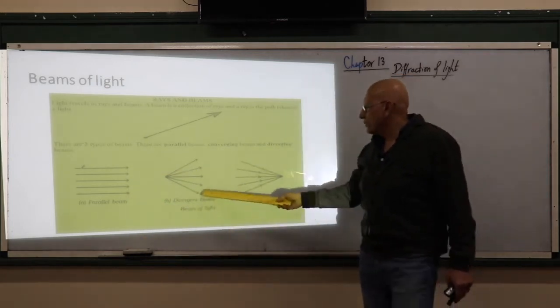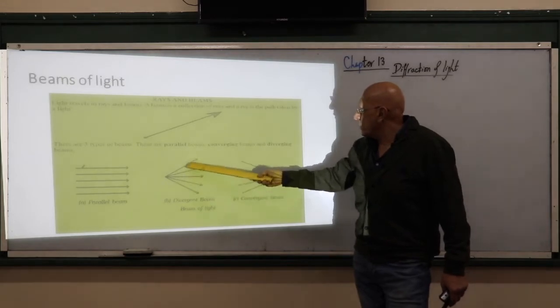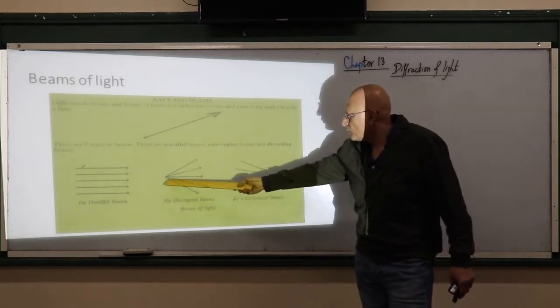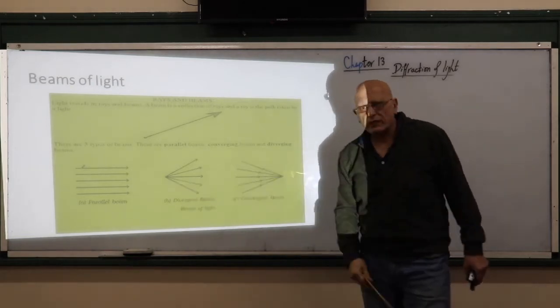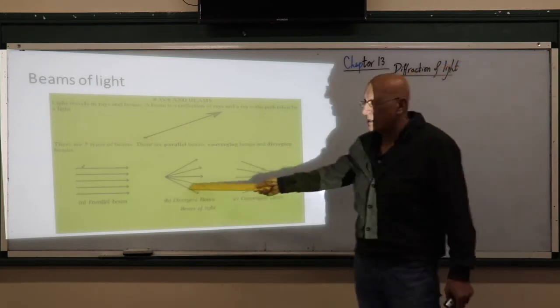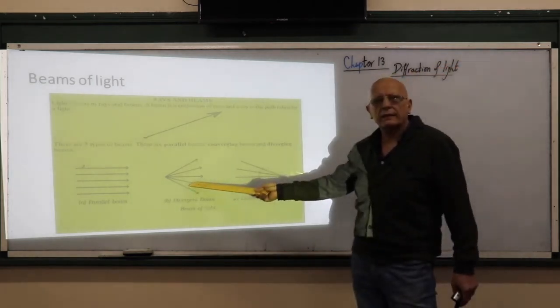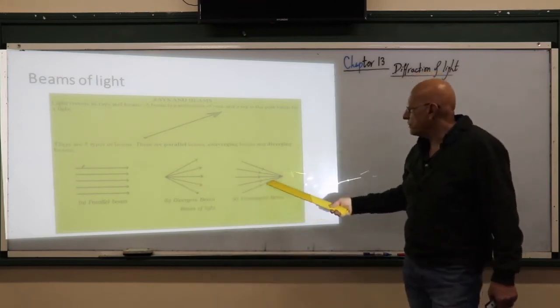Here you have a divergent beam, which consists of rays emerging from one point. Most of the sources of light give a divergent beam, like the lamp, the candle, etc. And you have here a convergent beam.